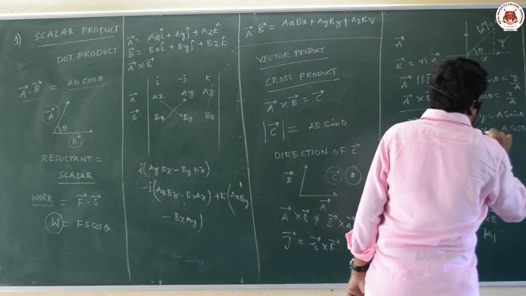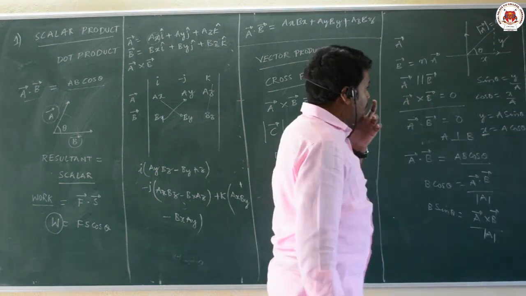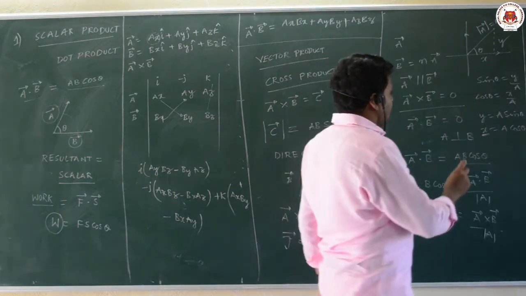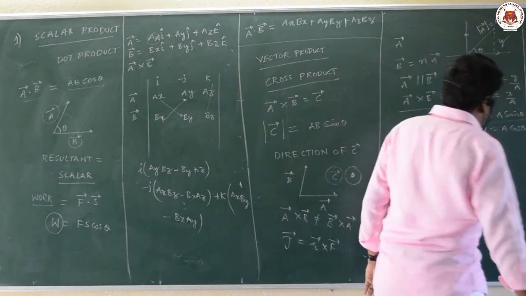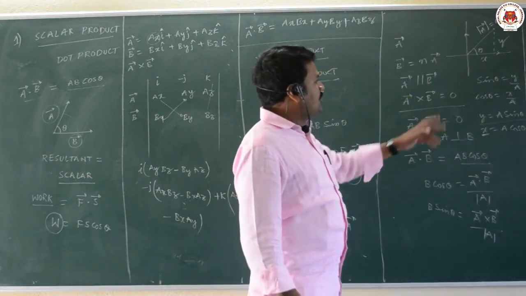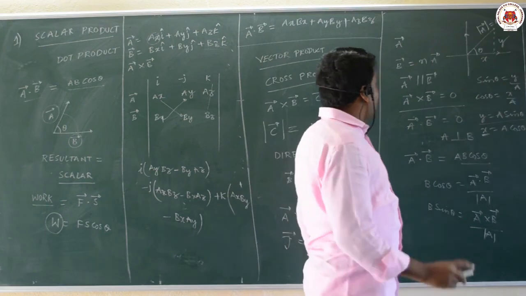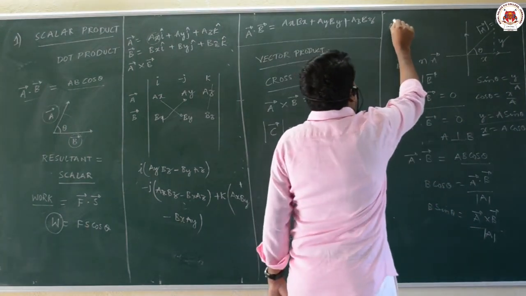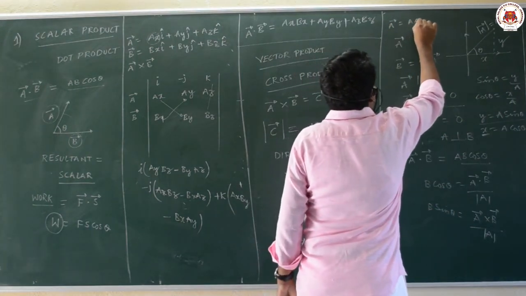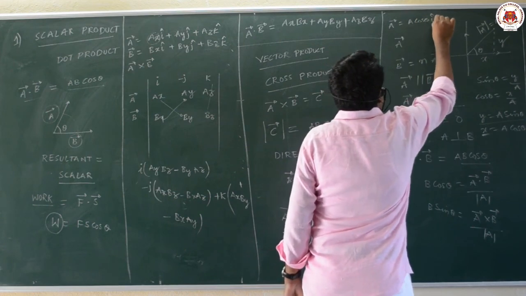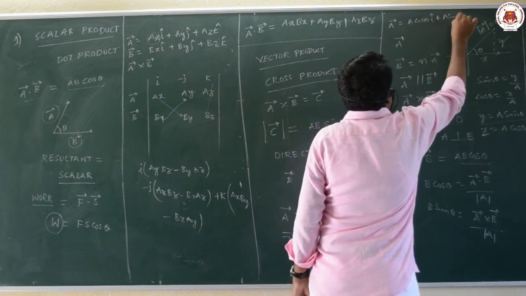So x is called the horizontal component of A and y is called the vertical component of A. These are the two components, y component and x component. Therefore, A bar can be written as A cos theta i cap plus A sin theta j cap.